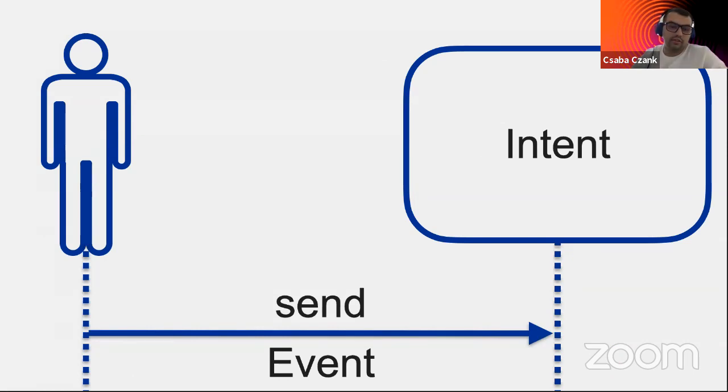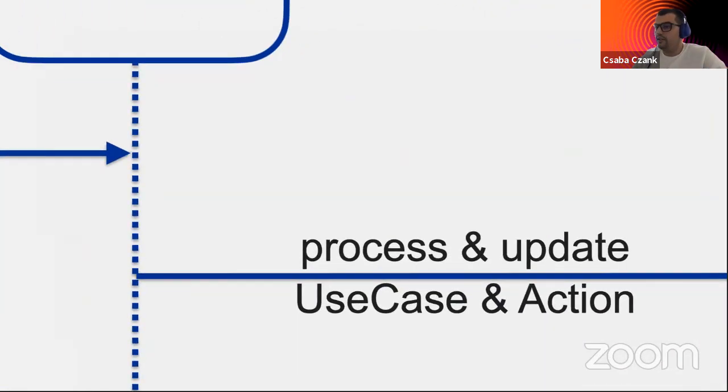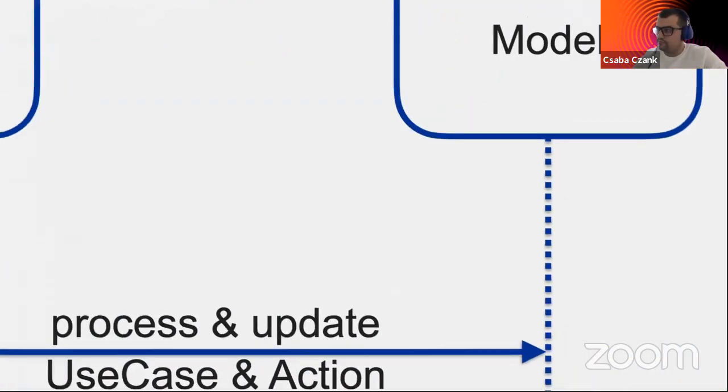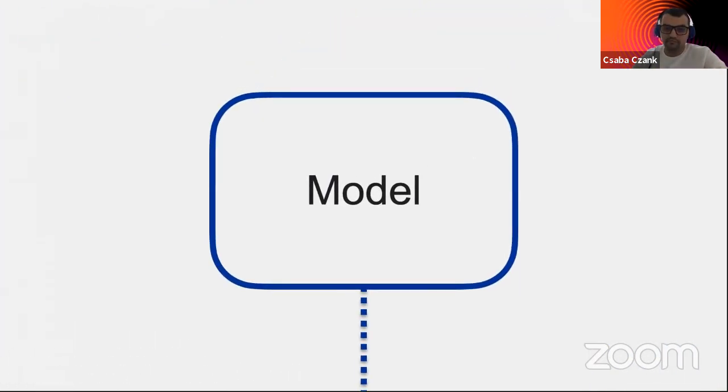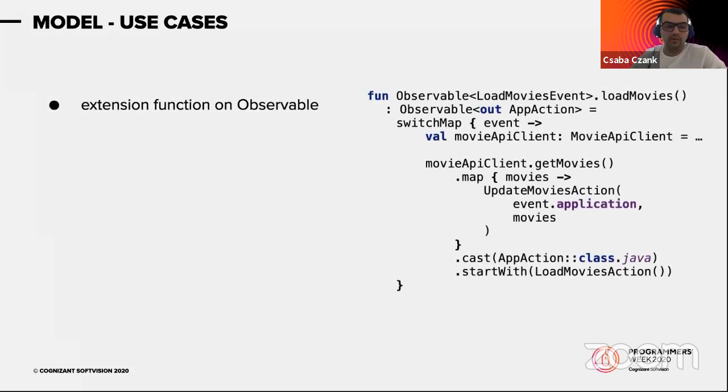The next component is the model, whose responsibility is to process the intent and update the current state. The first element of the model is the use case, which processes the event and generates the action to change the current state. In our case, this is an extension function on Observable of event.